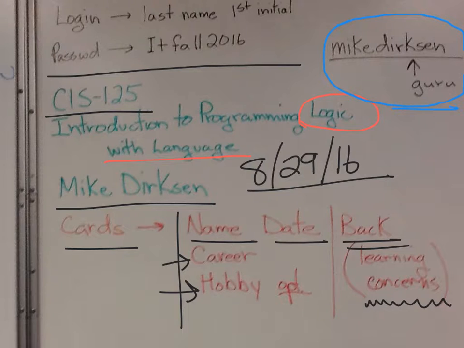Anyway, there is a link under the skills part in the second module, and that link will take you there, and when you sign up you need to list me, this is all one word, as your guru. And we're going to take a look at that Wednesday, first thing when we get to class.